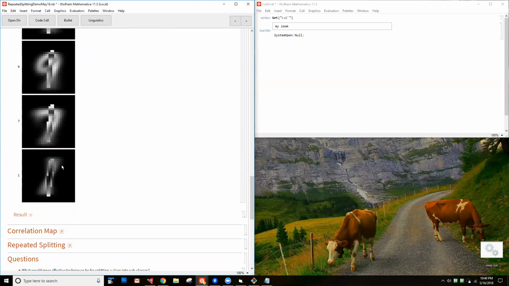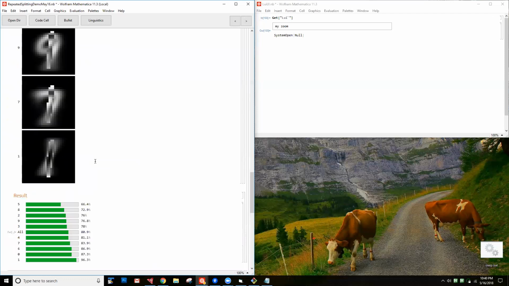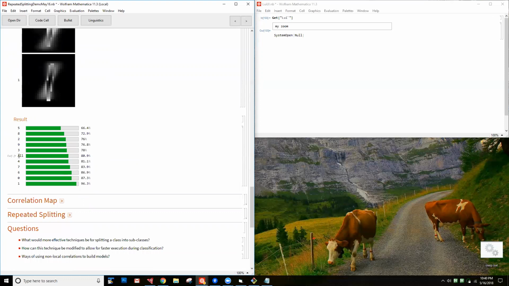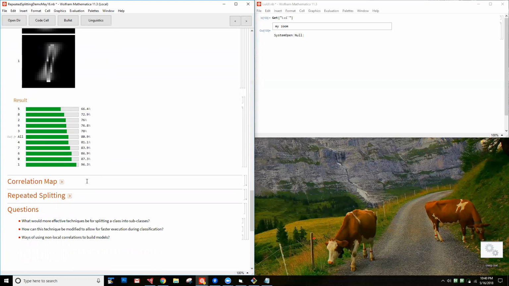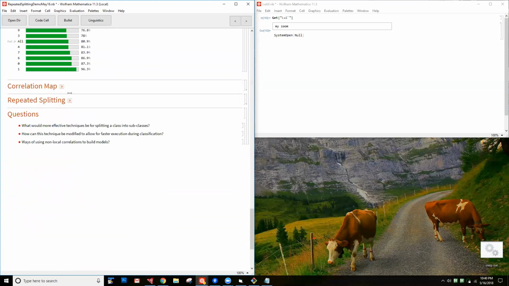So in this case, it is correctly 1 that has the smallest difference between our particular digit and the average one. So that actually gives an overall accuracy of 81% on MNIST. This is just on the training set, not the test set. But it's intriguing to me that that can do that well with such a simple technique.